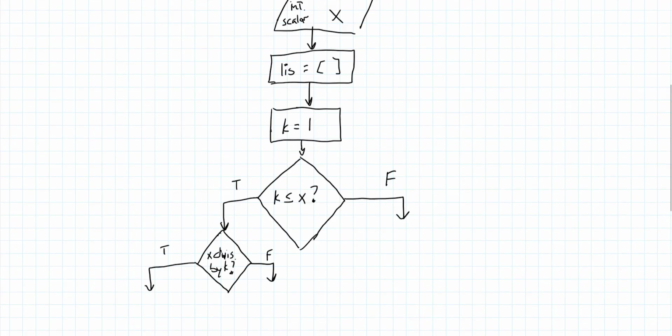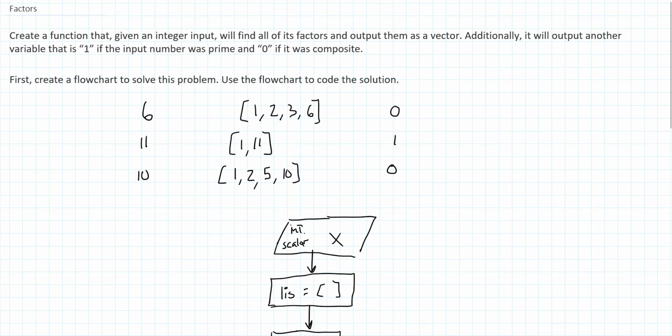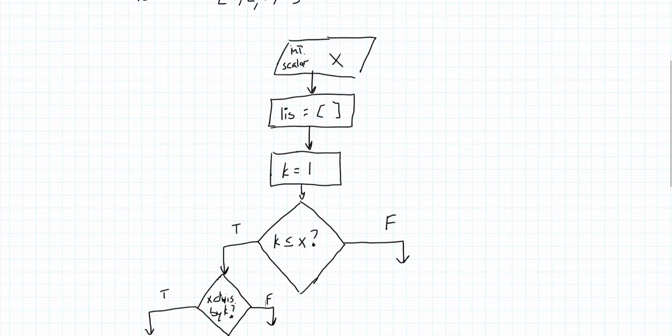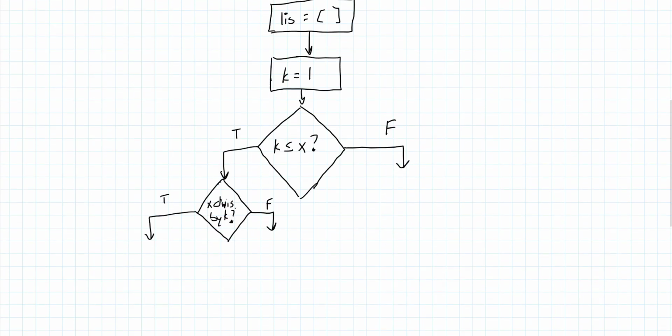Well, what did we do when we were doing this by hand and asking this question? When k was 1, was 6 evenly divisible by 1? Yes. So what did we do? We add k to our list, which is called LIS. And if it's not, we didn't really do anything.